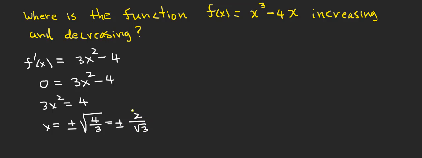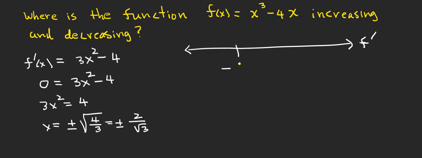So these are our critical points. Now we're going to draw a first derivative chart. Notice I put f prime, and let's put the critical points: negative 2 over radical 3 and positive 2 over radical 3.